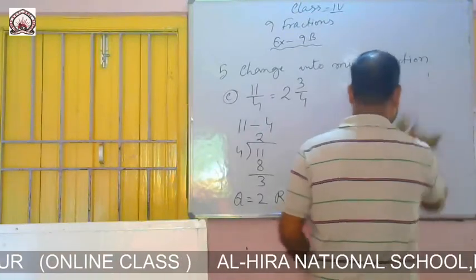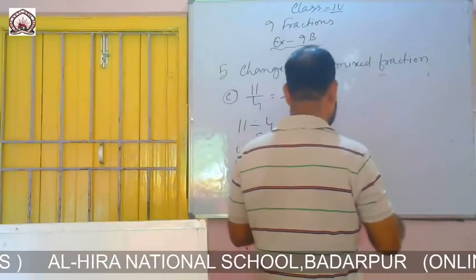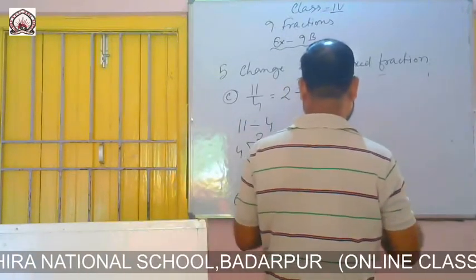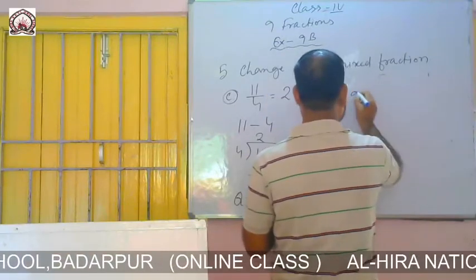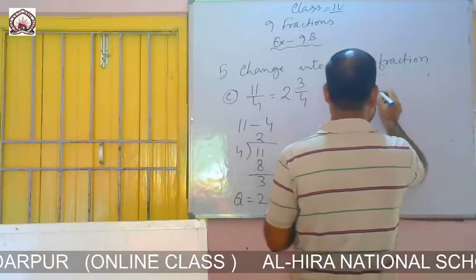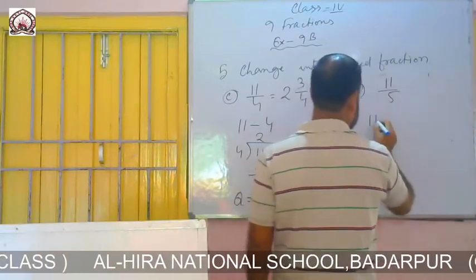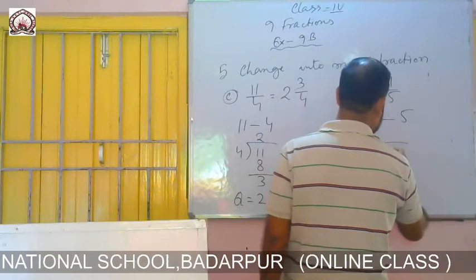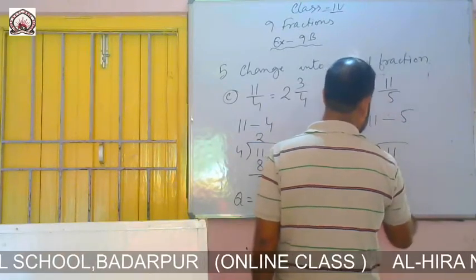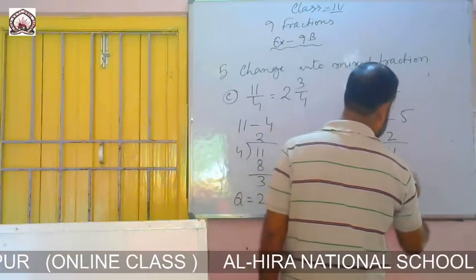Next question, question number D, 11 by 5. We divide 11 by 5. 5 2s are 10, remainder 1.